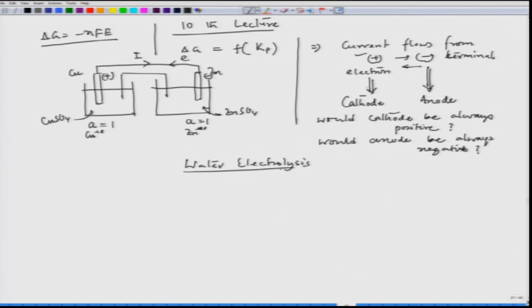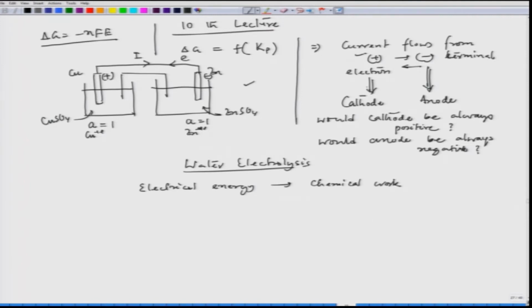In case of galvanic cell, the chemical energy gives rise to electrical energy or electrical work. But in case of water electrolysis, the reverse happens. The electrical energy gives rise to chemical work or chemical energy.